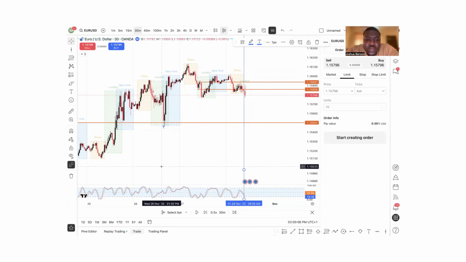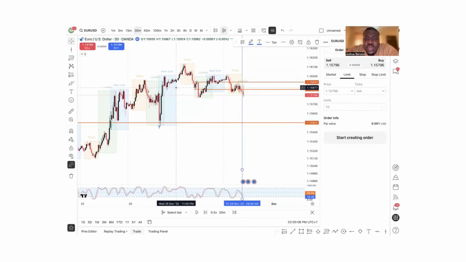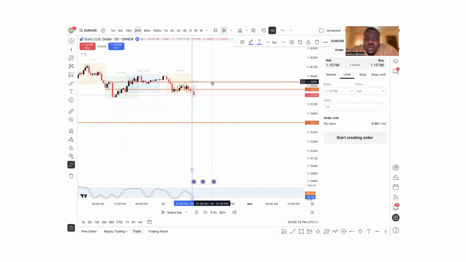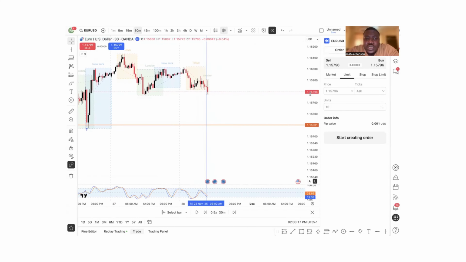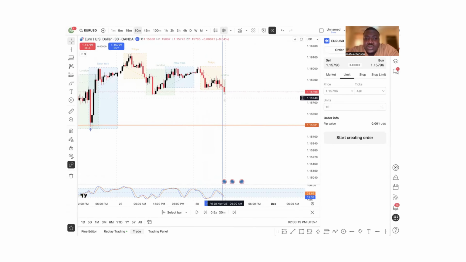So what I want to do right now is go in for a quick sell. But first, before I go in, I want us to check the whole parameters to see if we actually fulfilled our criteria.